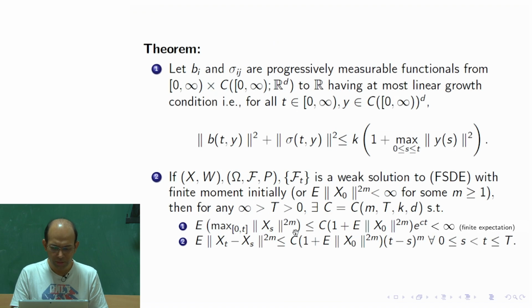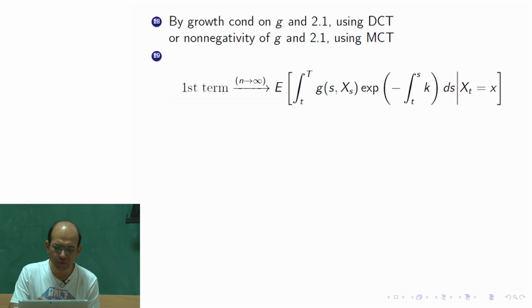So here this is saying that it is dominated by this term. Since g has at most polynomial growth, we can use that condition there.